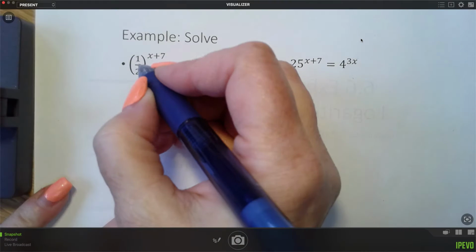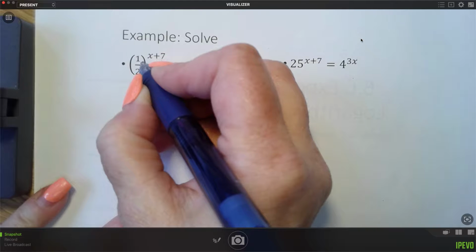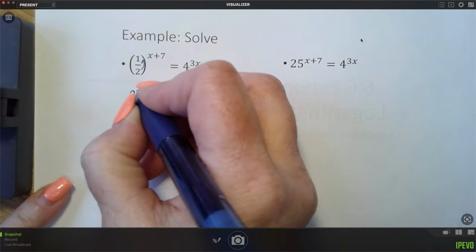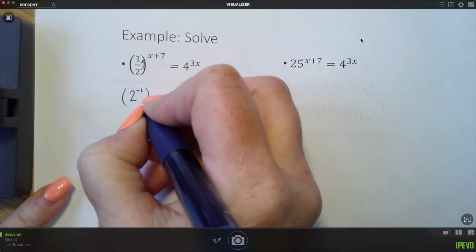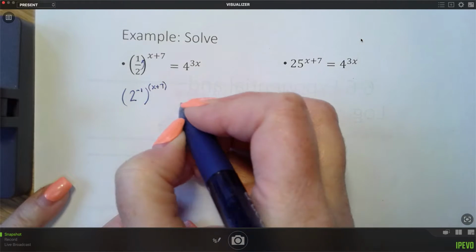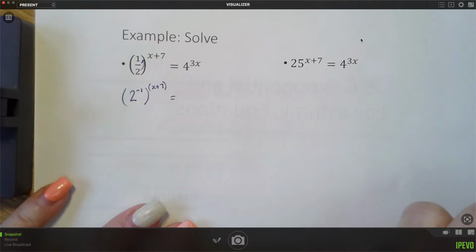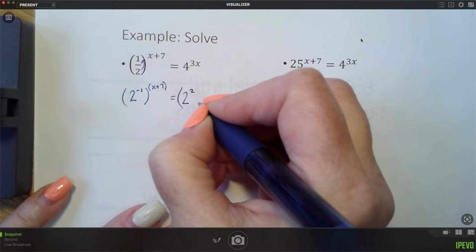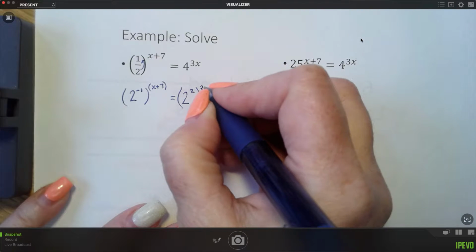So the 1/2 we can bring up and make it a -1, right? So I have 2 to the -1 to the x plus 7 equals, what about 4? Is 2 what? Squared. So 2 squared to the 3x.